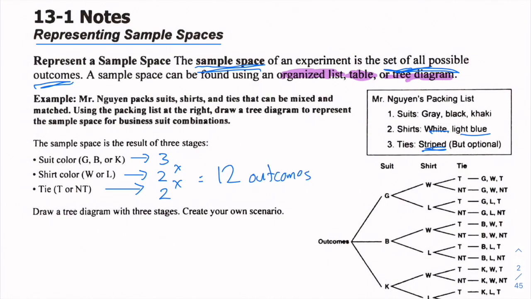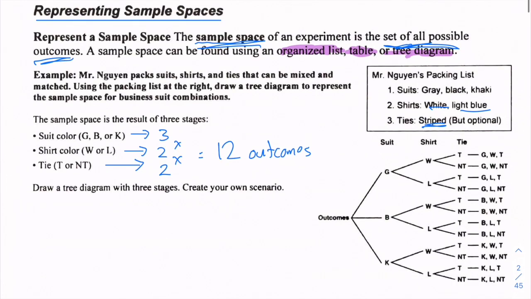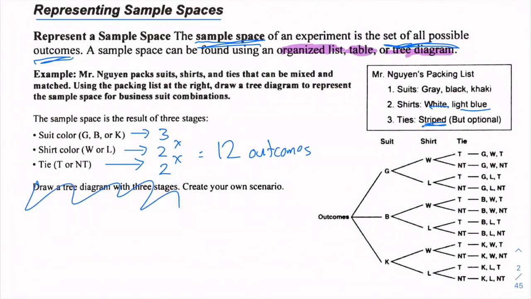And to really prove this mathematically, you can draw a diagram here. No need to draw it, we actually just did it here. So look at outcome number 1, I'll just do one example. I can wear a gray suit with a white shirt and I'll wear the tie.